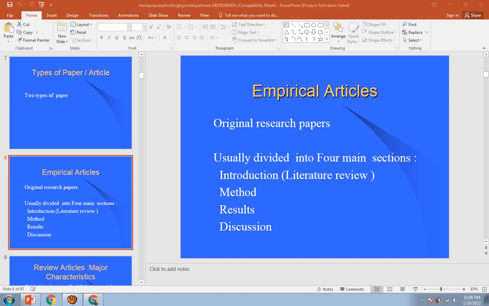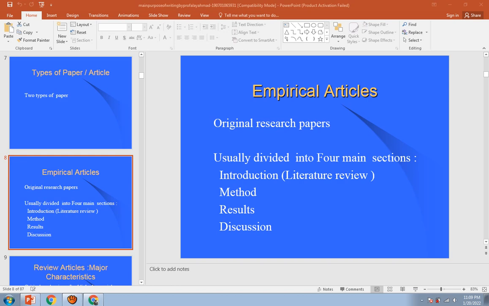Then you discuss the dependent and independent variables, you discuss your hypothesis in the light of collected data. It will be called discussion. Your hypothesis may be verified, it may be rejected, it may be accepted. So each point will be clearly, logically discussed and presented.